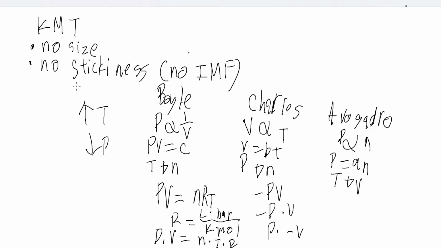You can rearrange the ideal gas law such that it gives you moles. You're given pressure, volume, and moles, but you're asked to find the temperature. You can rearrange the ideal gas law to give you temperature, and so on and so forth. Basically, every single variable here can be solved given the other three. Okay?